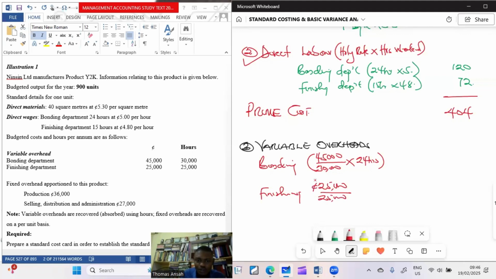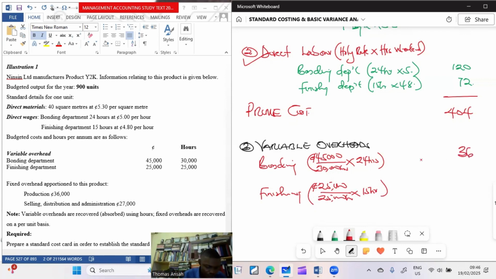So this is cedis, don't forget that. And this is hours. So you get cedis per hour, then you multiply by the hours. So this one is what? 15 hours you need. So you get the value, then you multiply. Now, let's see how it goes. So this one is 36.